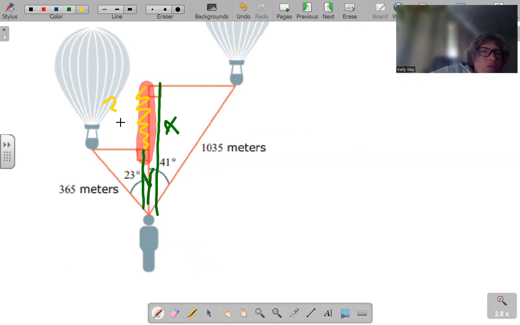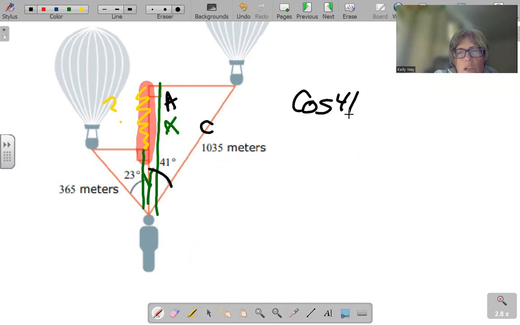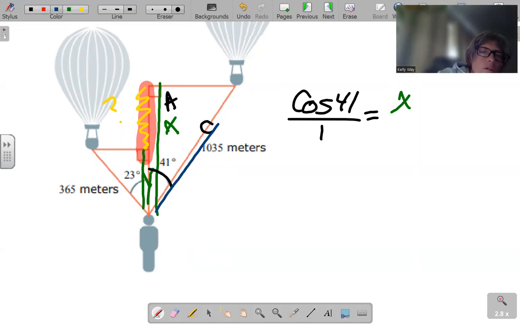So let's go for x first. In this triangle, this would be the adjacent, this would be the cosine. So watch how we set this up. Cosine 41 degrees over 1 equals our x over our hypotenuse, which is 1,035.